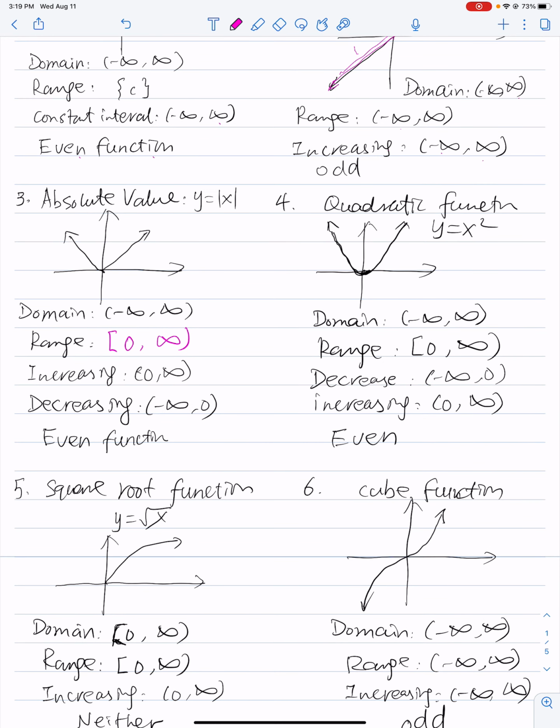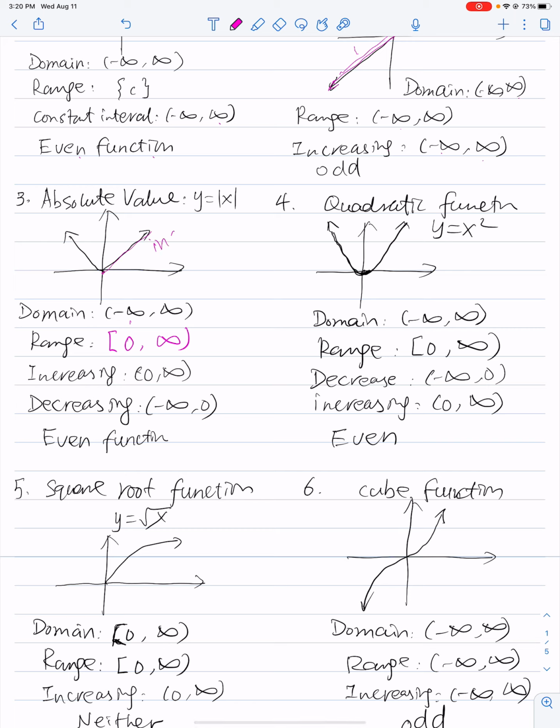So the absolute value function, and then it's the famous V-shaped function. The domain is negative infinity to infinity. The range here, be careful, because the minimum y is what? 0 to infinity. Increasing is what? 0 to infinity on the right.